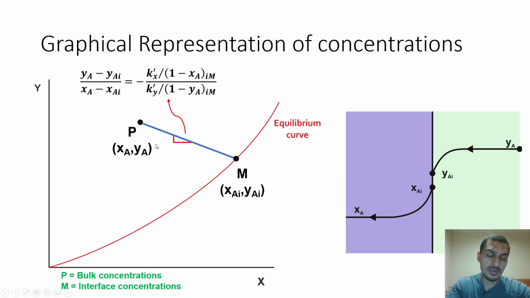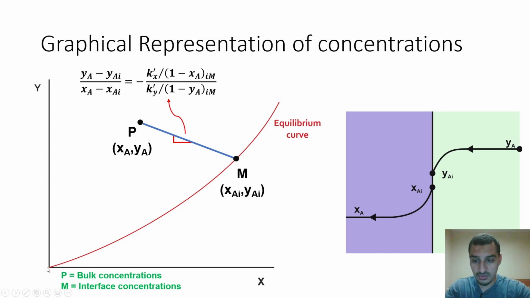There are a couple of things that you need to keep in mind while doing these calculations. First, this is the equilibrium concentration between x and y, and you have to keep in mind that y at the bulk is higher than y at the interface, and x at the interface is higher than x in the bulk. This is something that you can double check: this is the x at the bulk, which is a smaller value, and then the x at the interface is larger than the x in the bulk.